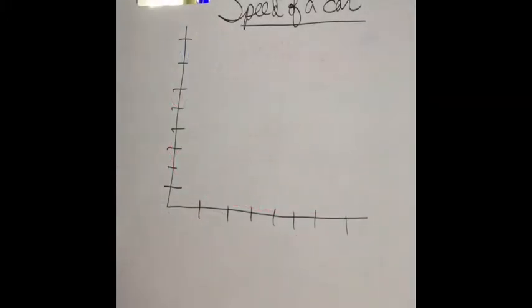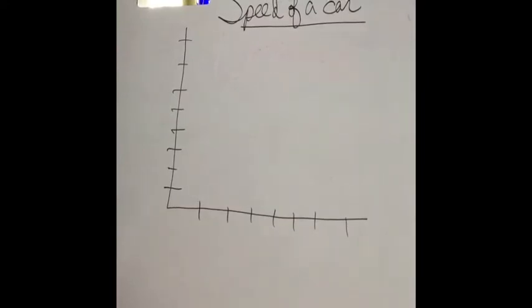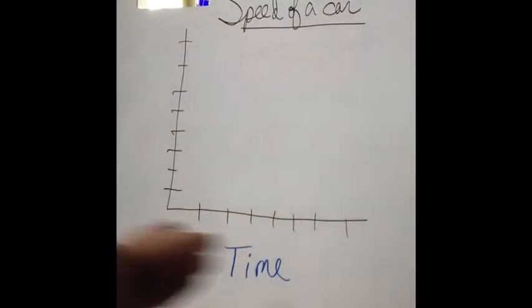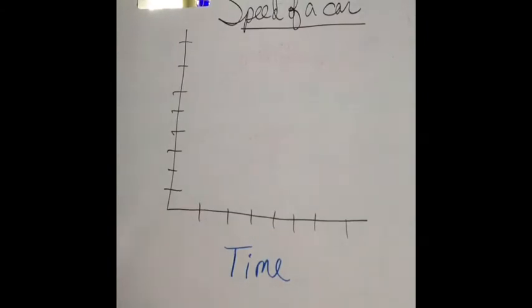Okay, let's talk about how we can take this information and graph it. Remember last week we talked about graphs and how you have to have certain things. On this graph, we're going to graph time on the x-axis, and remember to always have your units.